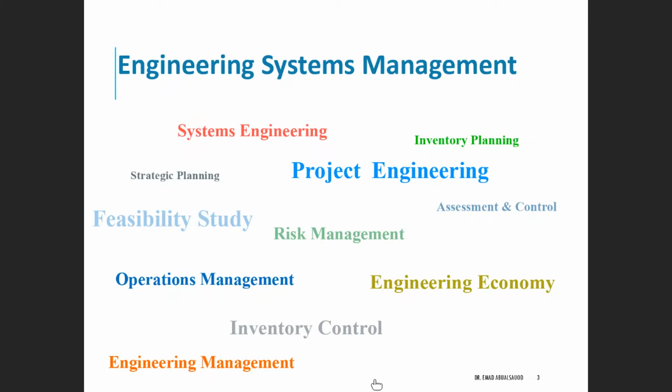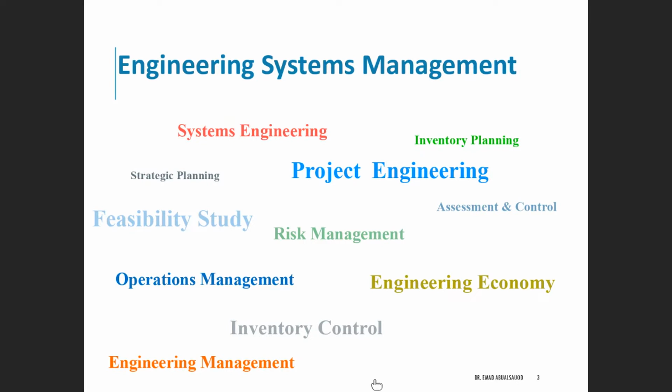If you recall, we talked about the industrial engineering discipline itself, and then we talked about systems engineering and how the integration of industrial engineering and systems engineering together creates a big umbrella where it can carry all these functions and disciplines and submajors.